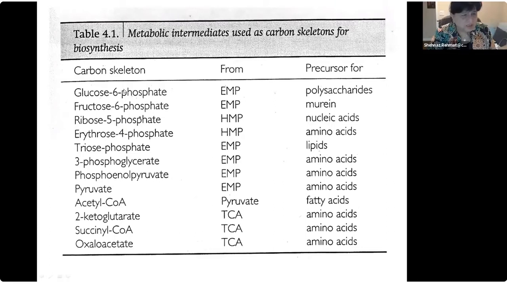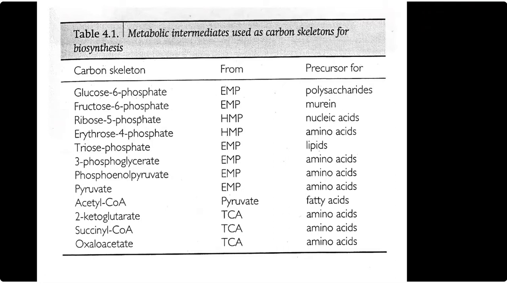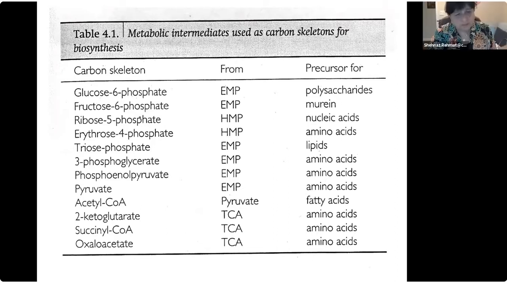These are all intermediates from these pathways that will be precursors to the synthesis of either polysaccharides, or synthesis of murein. What is murein? Peptidoglycan. This is a special component of the cell wall of bacteria.